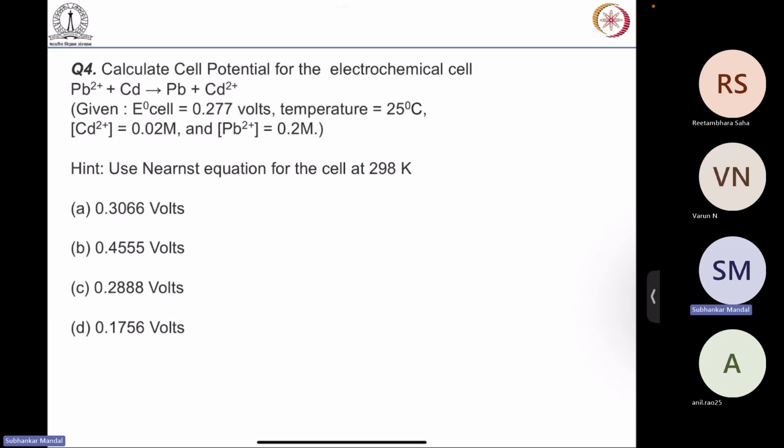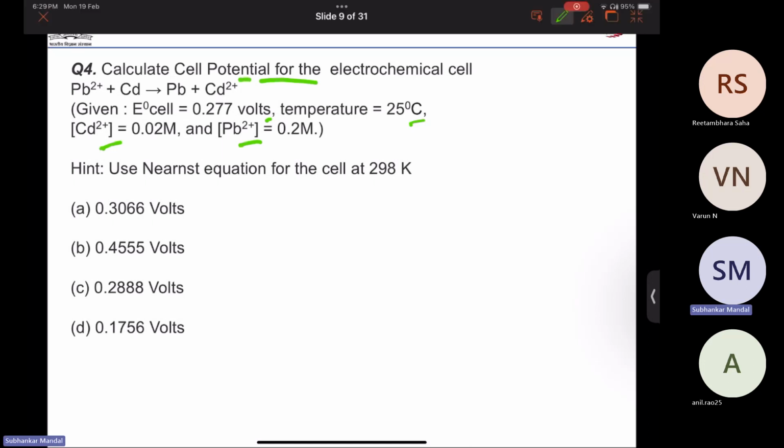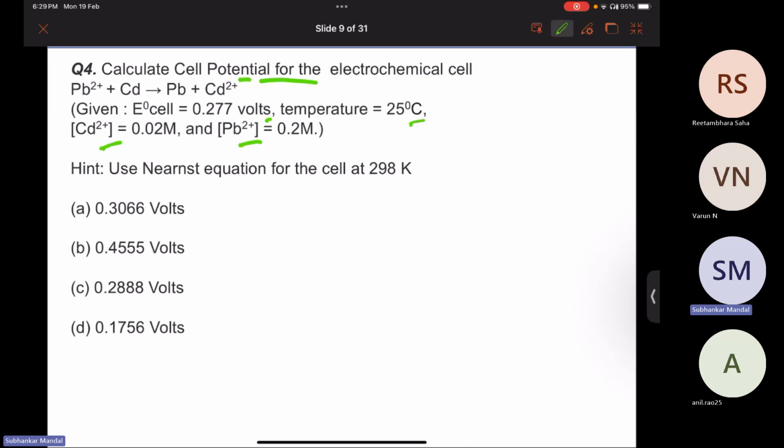The cell E naught is given, the temperature is given, that is room temperature, and the cadmium and palladium concentrations are also given. So we have to calculate the cell potential. The hint says to use the Nernst equation for the cell at 298 Kelvin.